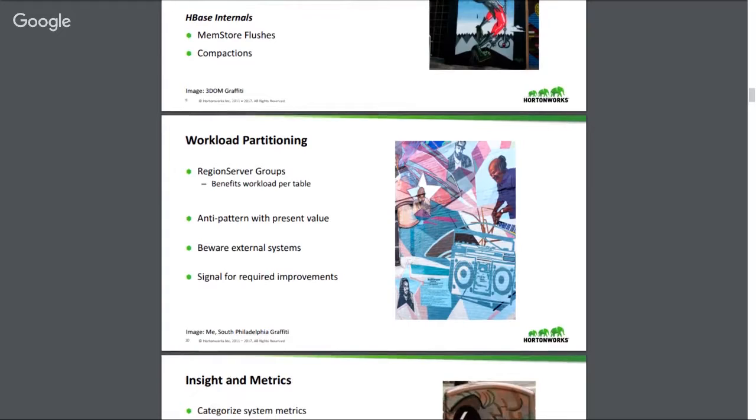Another thing we can do to help multiple users on this single HBase instance is in the realm of partitioning the physical resources that we have to run these queries. I don't want to make it sound like I'm trying to poo-poo the feature here, but I think region server groups are one example of how we can physically partition our resources of HBase.